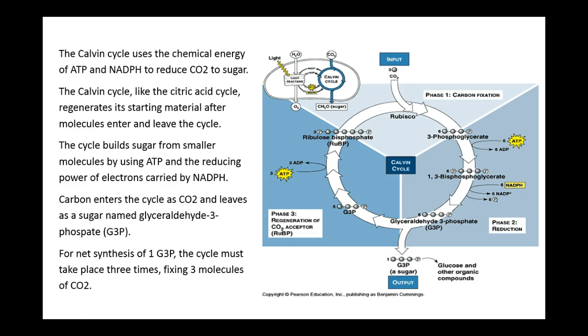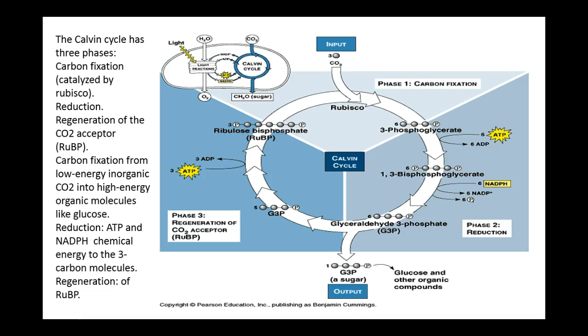We have to turn the cycle 3 times. The cycle itself happens in 3 major phases. You have the carbon fixation phase, you have the reduction phase, and you have the regeneration of CO2 acceptor phase. So the regeneration of the original starting product. And we'll talk about that on the next one. Same image, just put in a slightly different way.